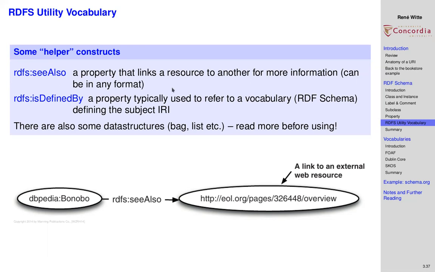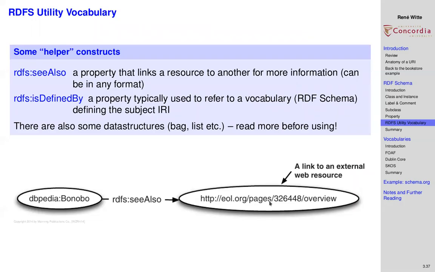SeeAlso is basically just to store a link to another resource. And this other link can be in any format. So you can, for example, have something in your knowledge graph, a URI, and then say seeAlso and refer to anything else. And this here doesn't have to be an RDF node. This can be anything. It can be an HTML page.